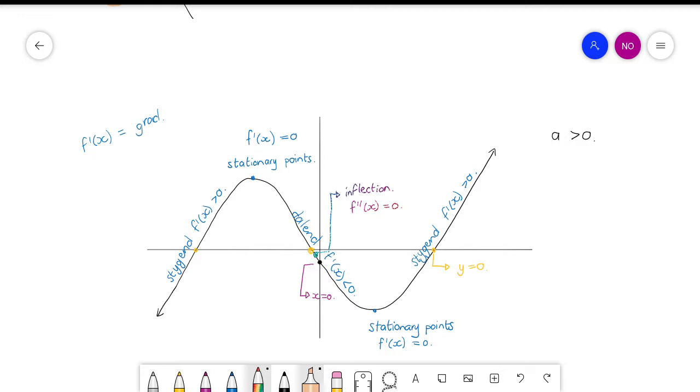You see that? We either have equal to 0, bigger than 0, or smaller than 0. Whenever it is equal to 0, it is either changing form in the sense of changing from ascending to descending or the other way around, or it is changing concavity. So changing from convex upwards to convex downwards or the other way around.